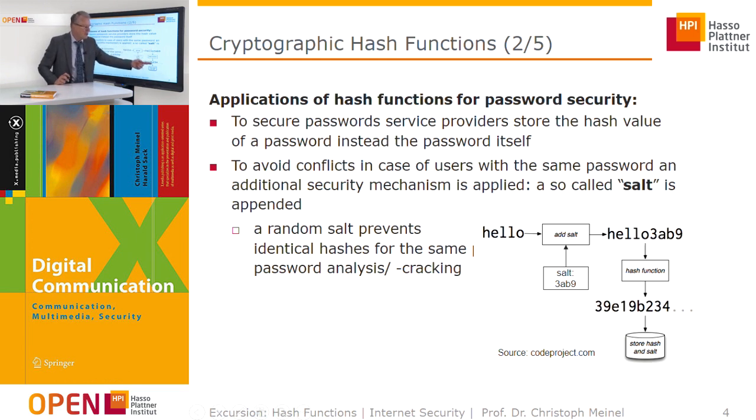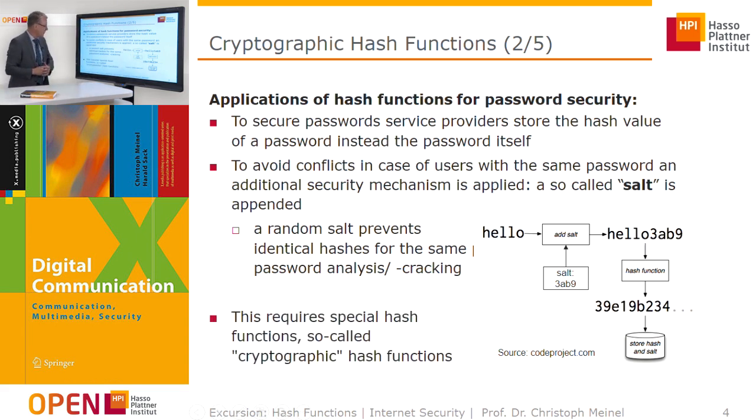Then we get the hash value, and this hash value is stored in the user database of the provider. Of course, the provider also needs to remember the salt, so the hash is stored together with the salt.